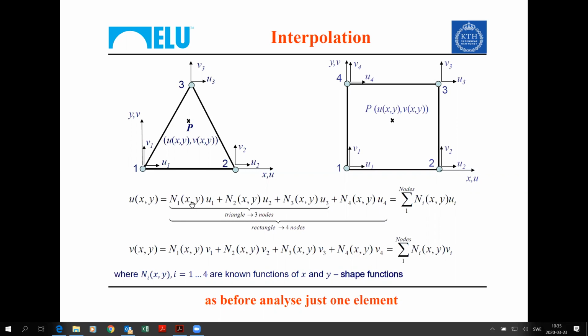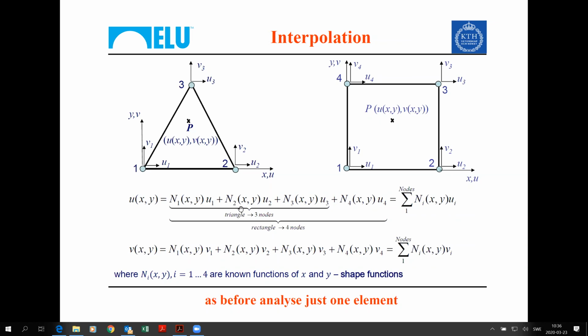And we can use the same form functions, N1, N2, N3, to interpolate v. So v of x and y for the triangular element will be N1 of x and y times v1 plus N2 of x and y times v2 plus N3 of x and y times v3. The N1 to N3 are known functions of x and y that we call shape functions.